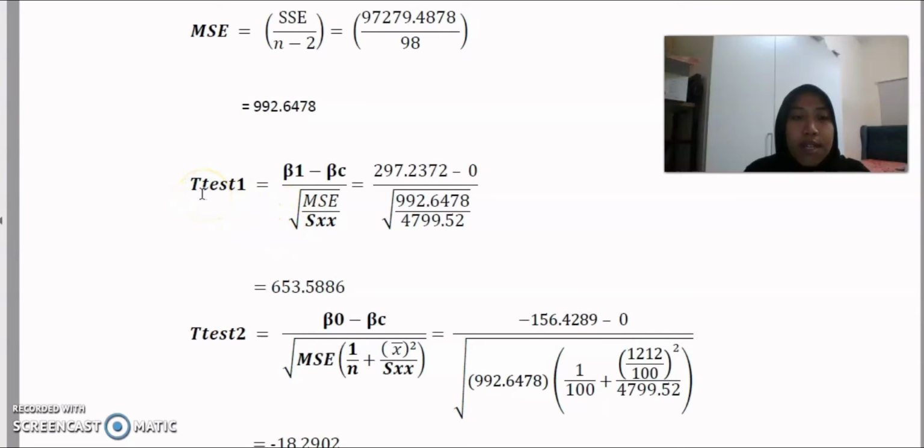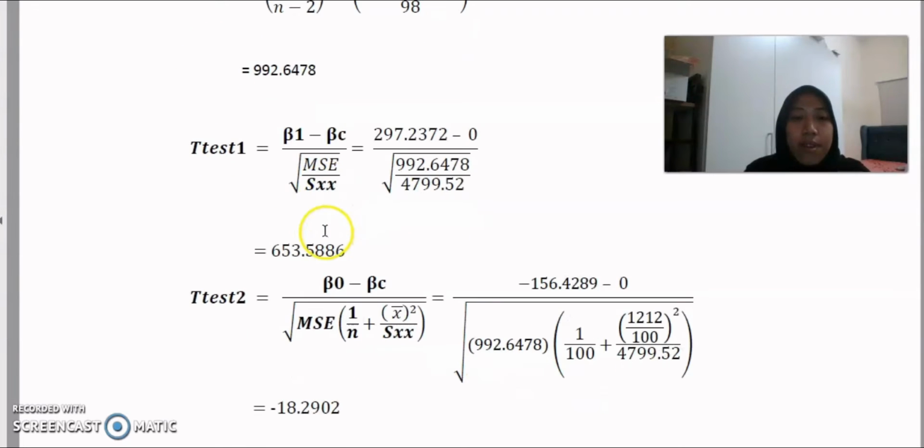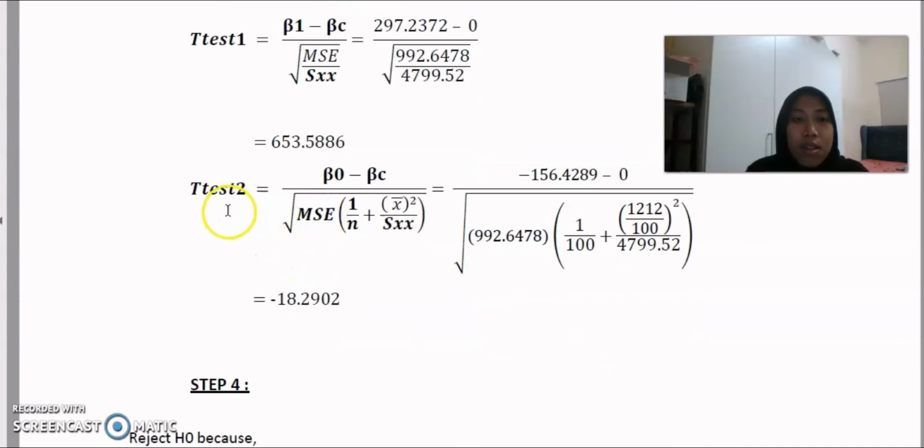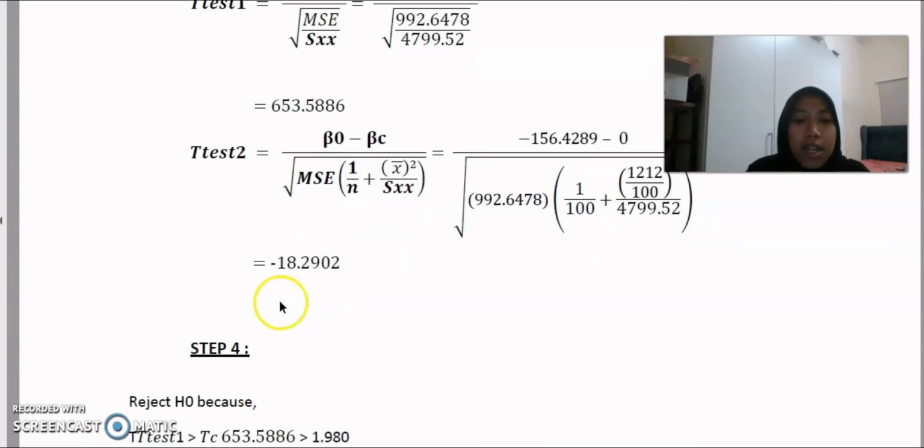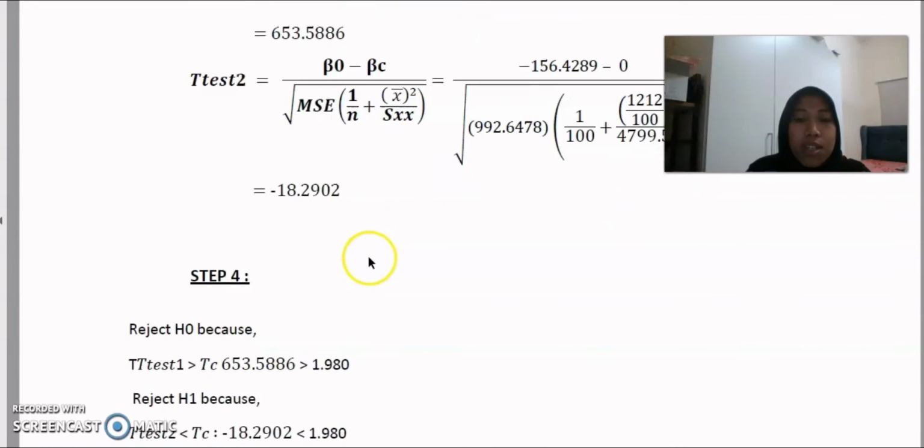Then we need to find the t-test 1, which is beta 1 minus beta c divided by the square root of MSE divided by SXX, and we get the answer 653.5886. Next, we find the t-test 2 using the formula and put in all the data, and we get negative 18.2902.